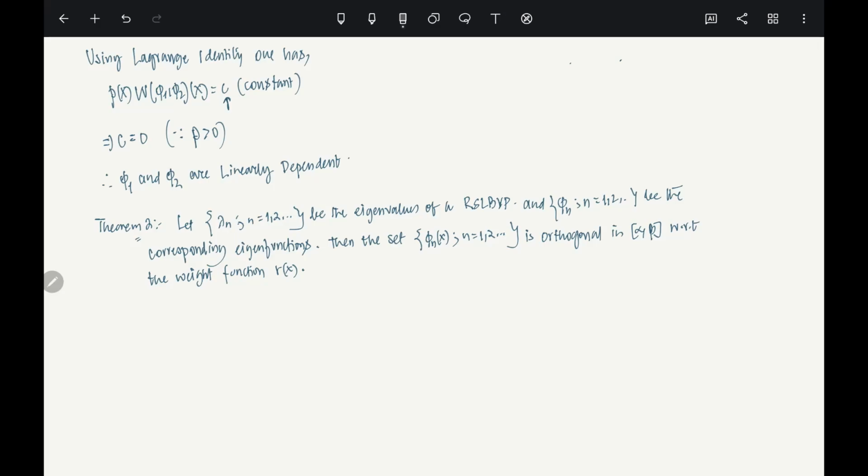So if for some problem you have to produce an orthogonal set of functions, you just construct a regular Sturm-Liouville boundary value problem, solve it, and you will be done. This theorem guarantees that. So let's look at the proof.